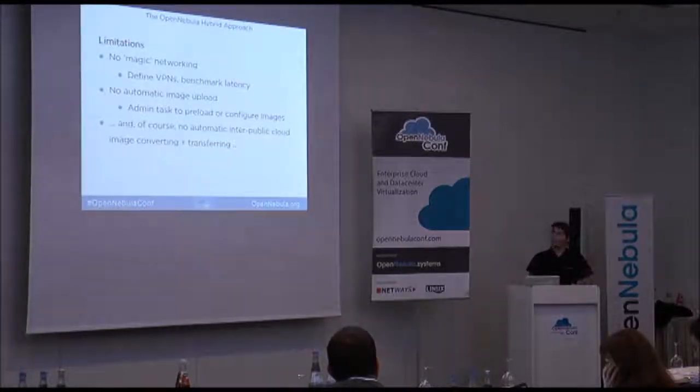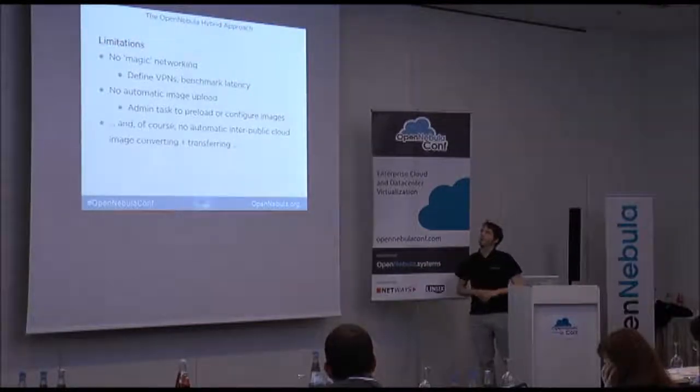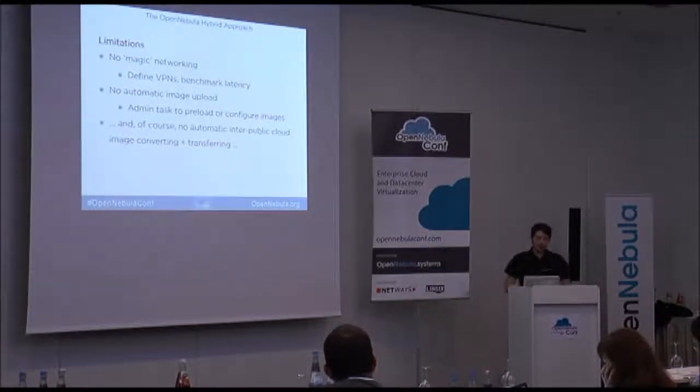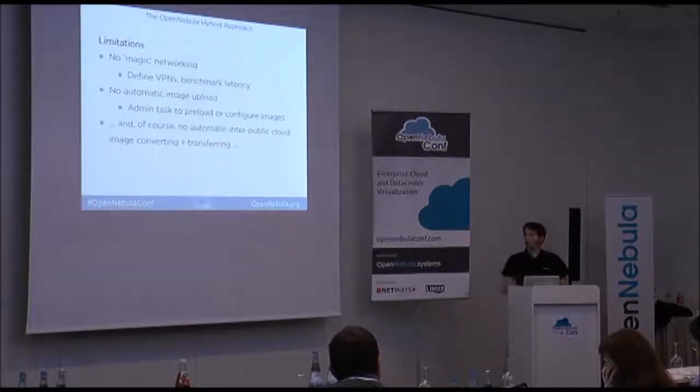Okay, so this is networking. Another aspect that OpenNebula doesn't cover is the automatic image upload, and we get this a lot. People say, okay, I have my local image in OpenNebula, and I want to upload it to Amazon.